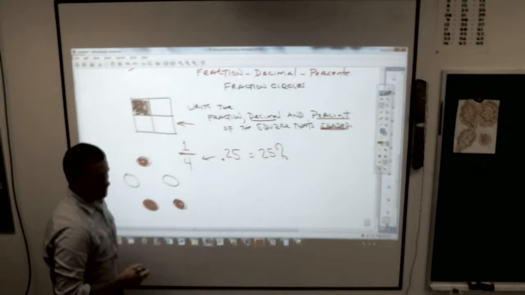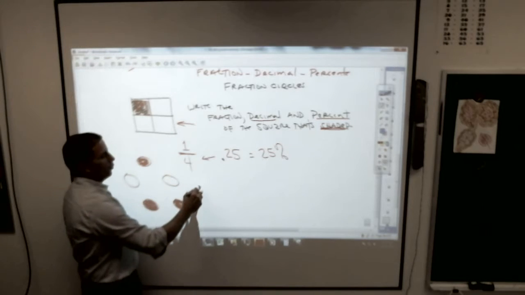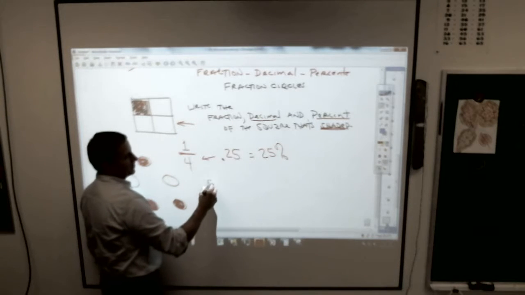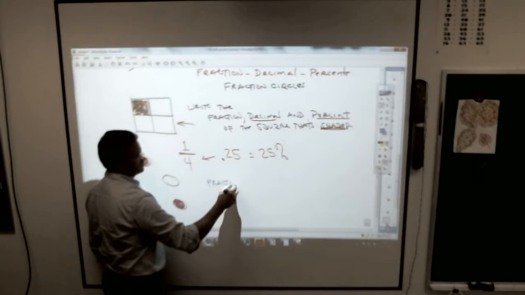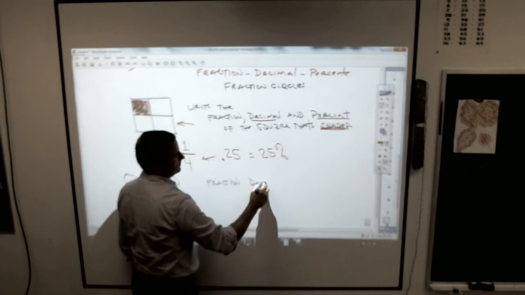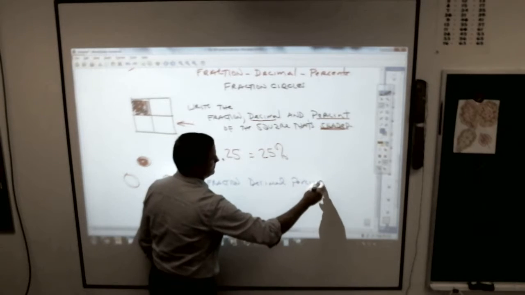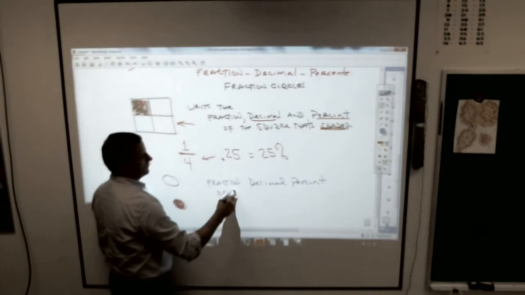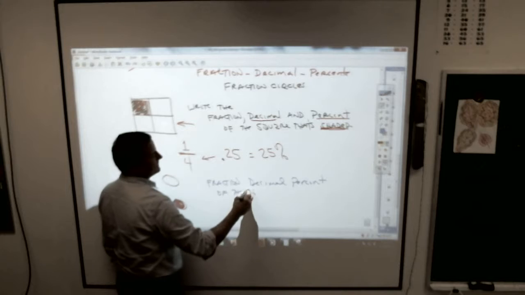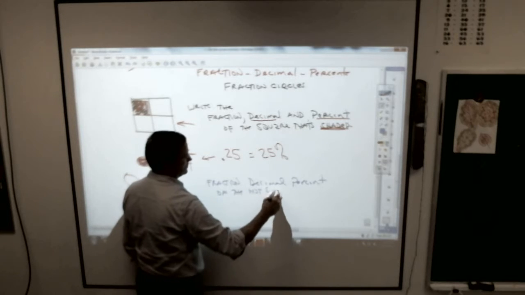Sometimes speed is a virtue. Give the fraction, decimal, percent of the not shaded circles.